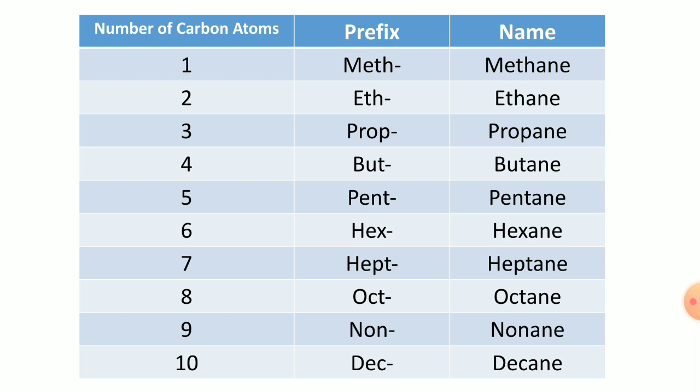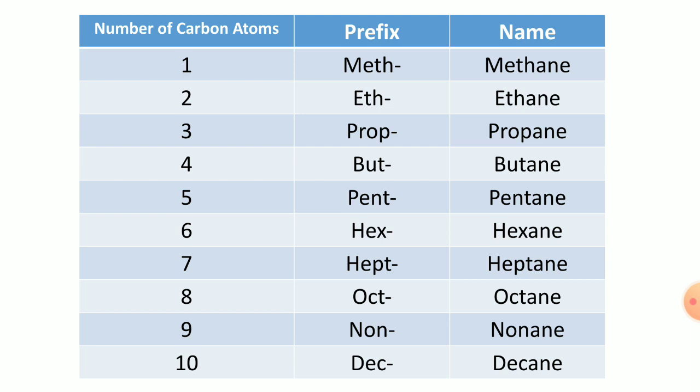So we have the number of carbon atoms, the prefix used, and its corresponding name. So if an alkane has 1 carbon atom, the prefix to be used is meth. Therefore, its name will be methane. Then followed by 2 carbon atoms which is ethane, then 3 propane, 4 butane, 5 pentane, 6 hexane, 7 heptane, and so on.